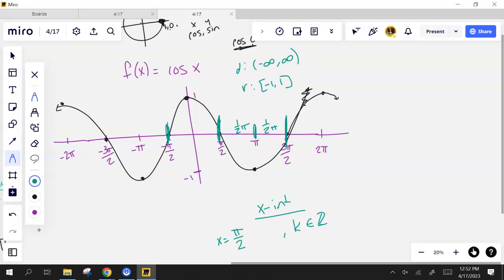So why don't I say plus k pi's? That would keep me over, right? That's saying start at a half a pi, add 1 pi to it. Where do you end up? Add 2 pi's to it. 1, 2. It should be crossing there. 1, 2 here. 1, 2 here. Does that make sense?